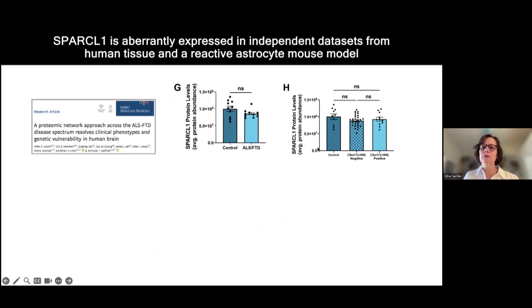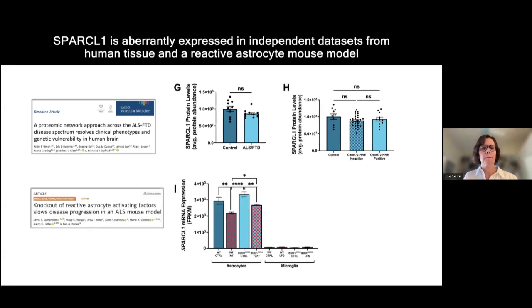They distinguished between ALS groups that were negative for C9, so non-C9 mutants, and C9 mutants. In both of them, although not significant, it looks like there is a trend to a loss of SPARCL1.